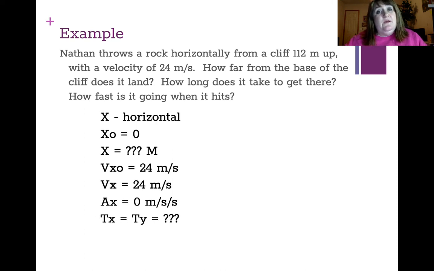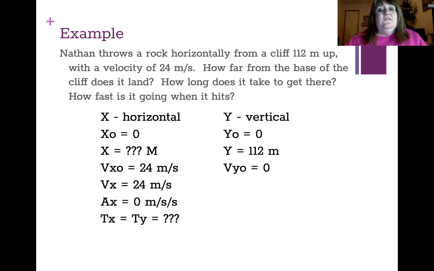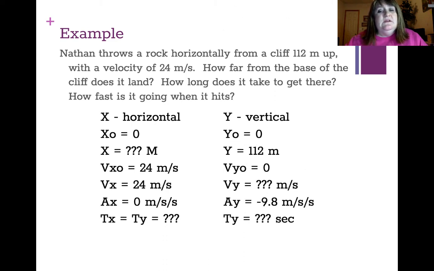Tx will equal Ty, which we don't know yet. In the vertical direction, we have y naught being 0, y being 112 meters, v naught y being 0, and vy being some value we don't know. Ay is a negative 9.8, and ty is in seconds, which we still don't know.